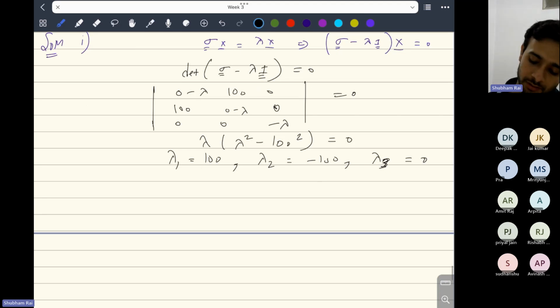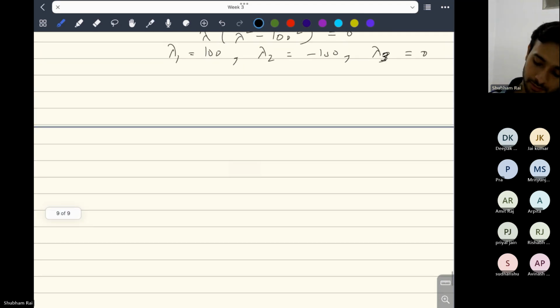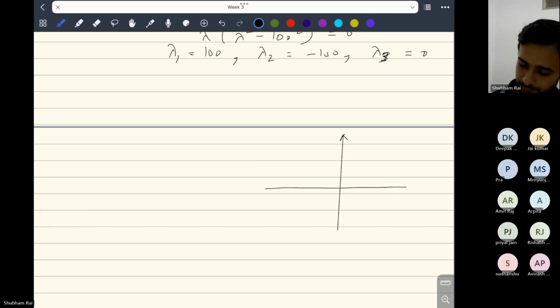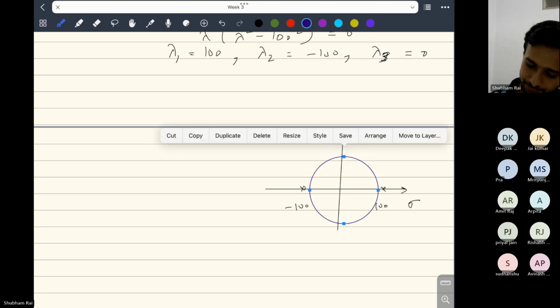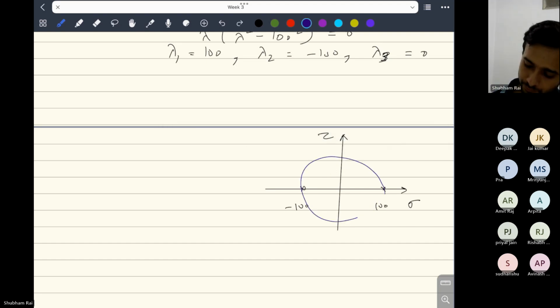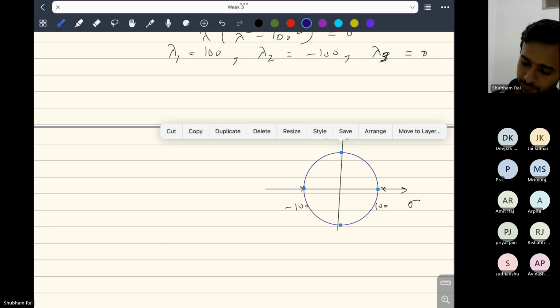If you try to draw a Mohr circle here, let's say this is sigma, this is tau, and the principal stresses are this. So this is 100, and since it's minus 100, a circle will pass through.